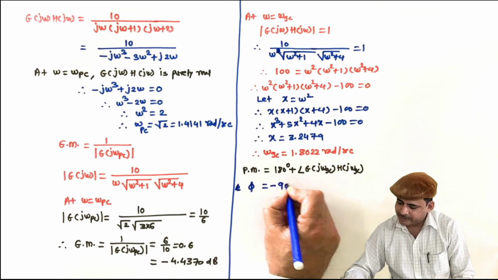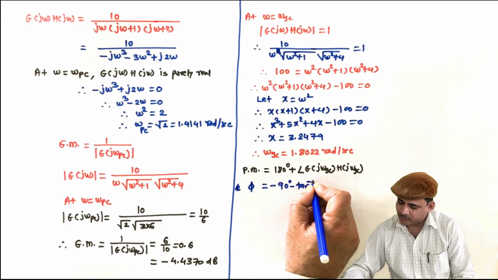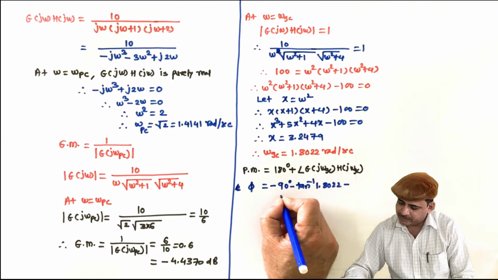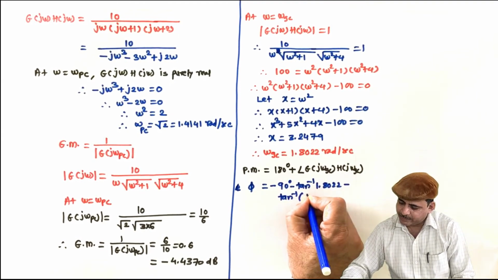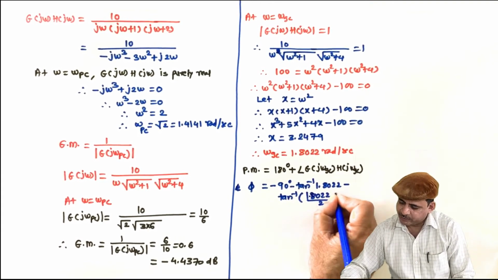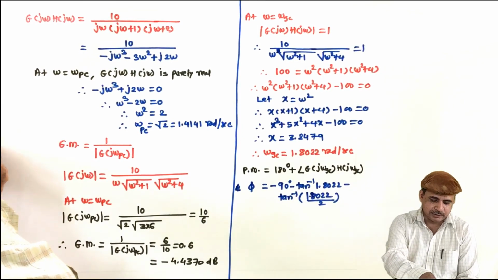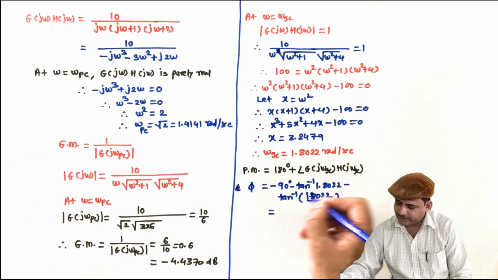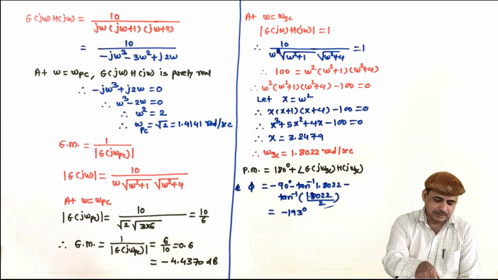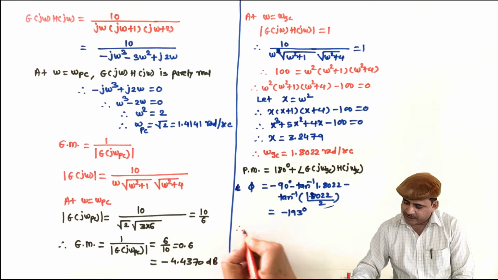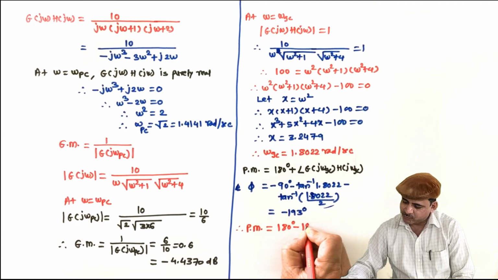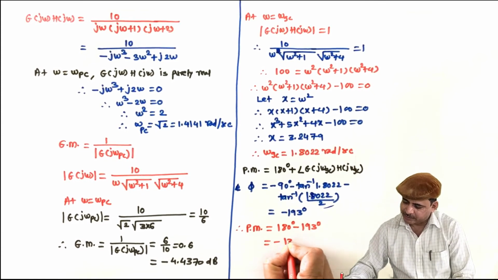So it's minus 90 degree minus tan inverse of omega, that is 1.8022, minus tan inverse of omega by 2, that is 1.8022 divided by 2, and upon calculating this, we get this angle as minus 193 degree. And so phase margin is equal to 180 degree minus 190 degree, so it is minus 13 degree.